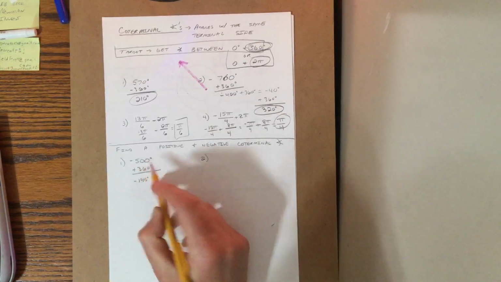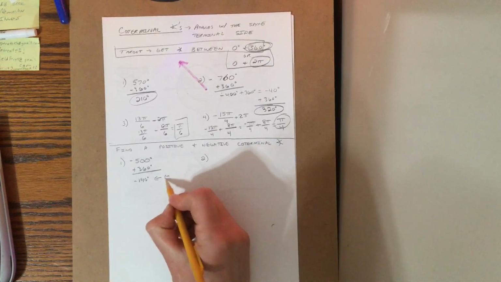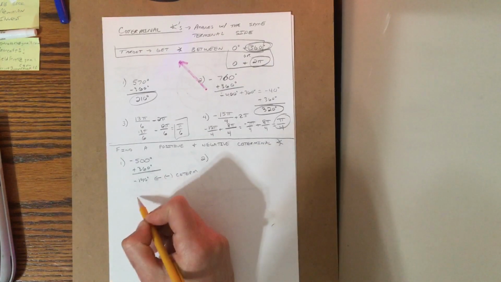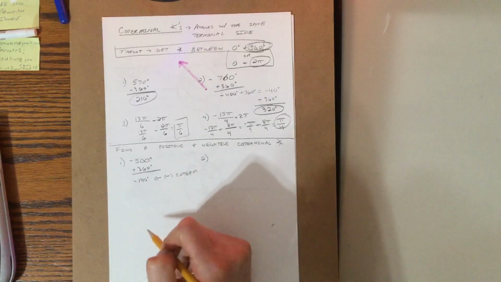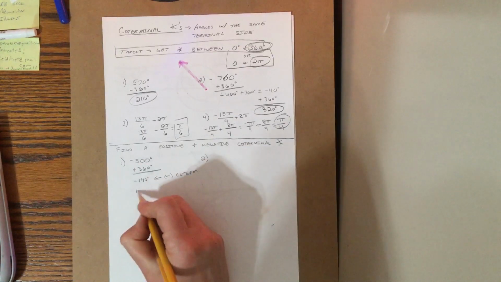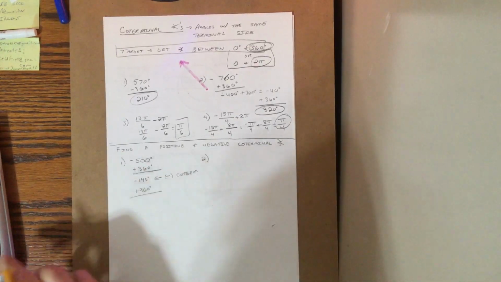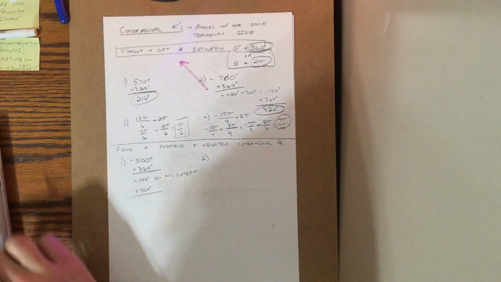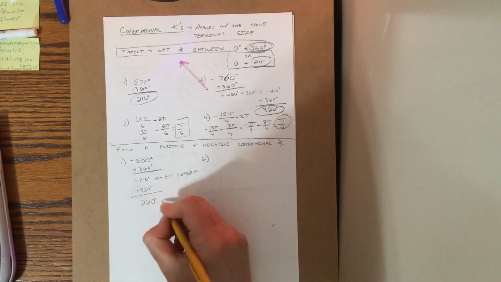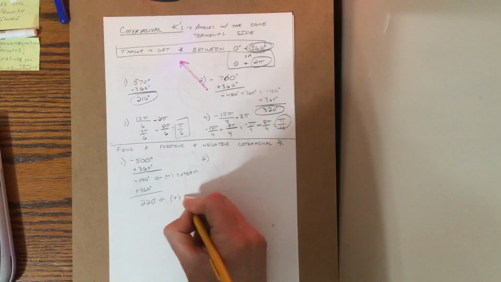So our given angle, negative 500, this is a negative coterminal. To get a positive coterminal angle, which is what this is asking for, along with the negative, all we need to do is just add 360 again, and you get 220 degrees. So that would be a positive coterminal angle.